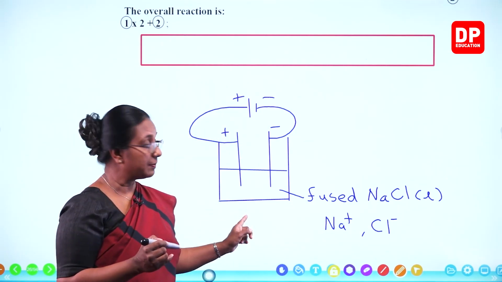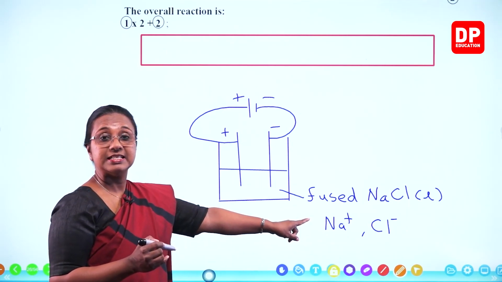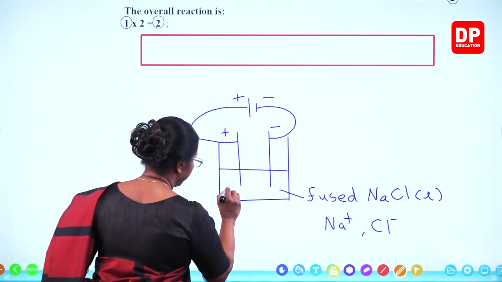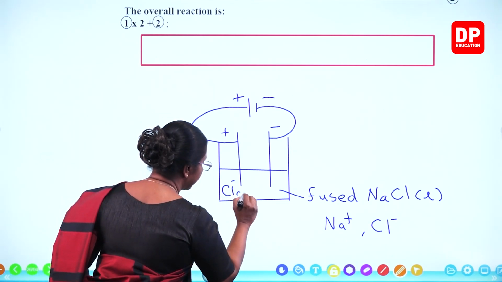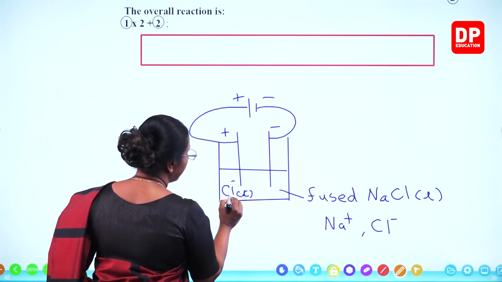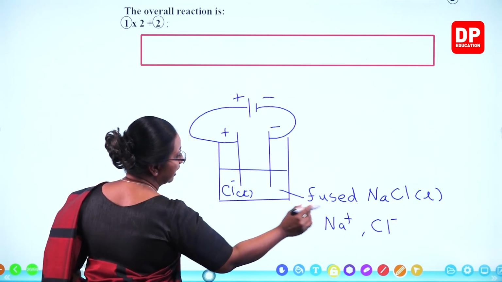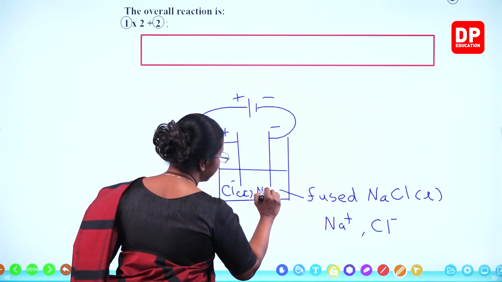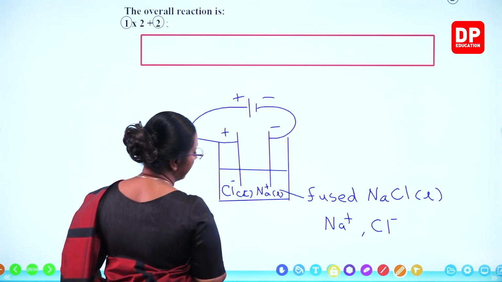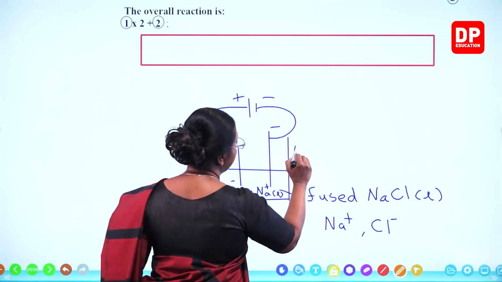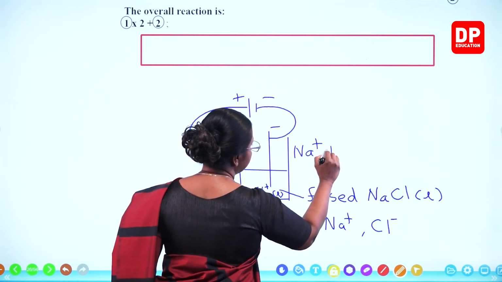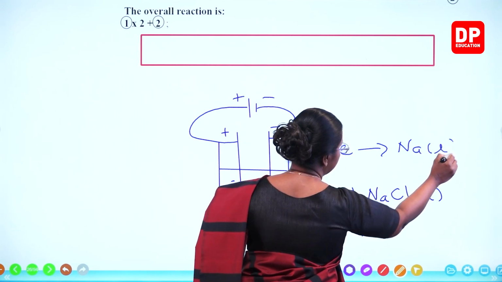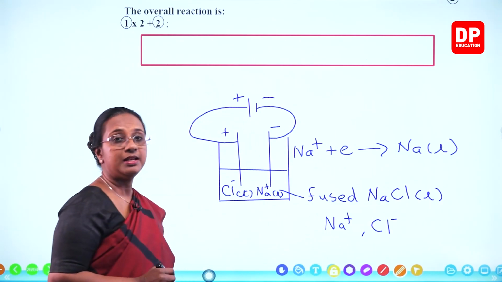So there what happens, the chloride ion, that is the Cl minus ion, migrates towards the positive electrode. So you can remember that Cl minus liquid comes towards the positive electrode. At the same time Na plus liquid migrates towards the negative electrode. So here Na plus takes up electrons and becomes Na liquid, sodium liquid.